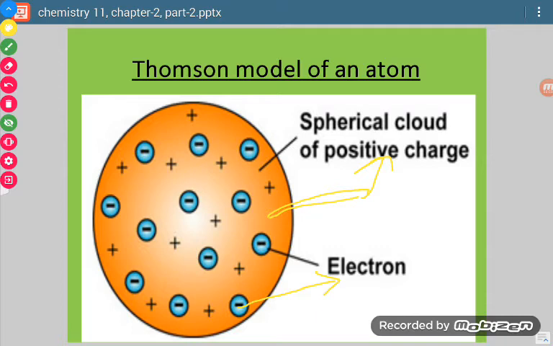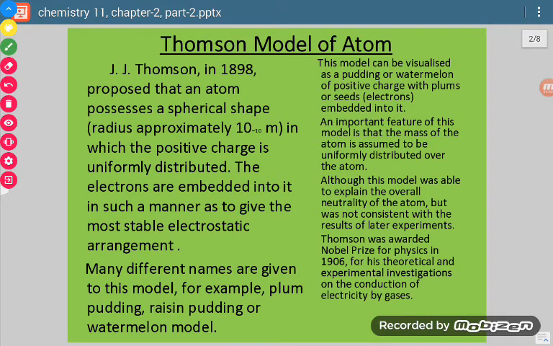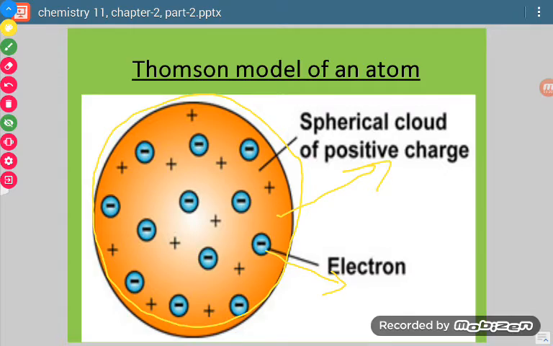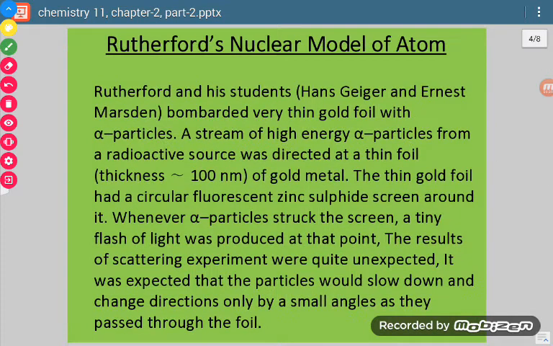Total positive charge is equal to total negative charge, so the atom is neutral as a whole. So what is Thomson model of an atom? Atom is like a sphere in which positive charge is spread throughout and negatively charged electrons are embedded in it in order to make the atom neutral as a whole.